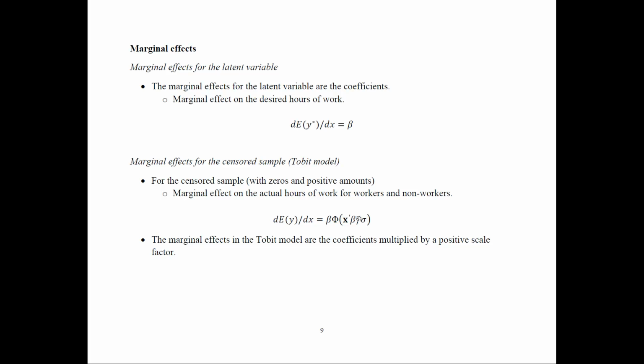And you could see this by differentiating the function of the expected value of y. Practically, what you will see is that the marginal effects in the Tobit model would be these coefficients beta multiplied by a positive scale factor. So we will basically be multiplying those coefficients by a scale factor, and that's how we will get the marginal effects for each of the variables.